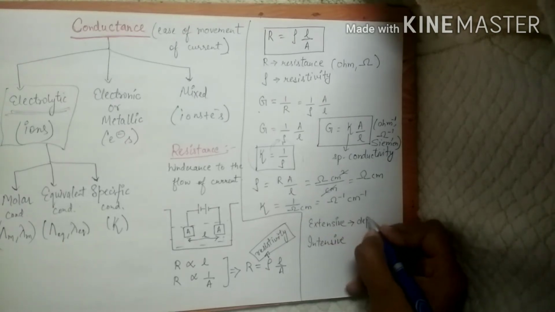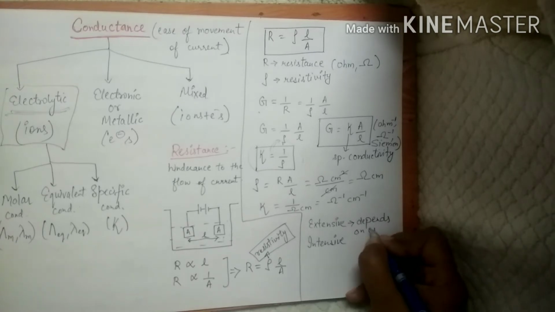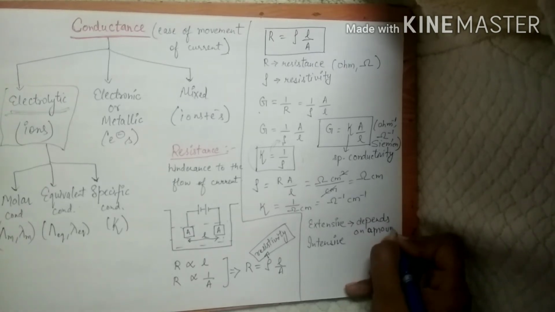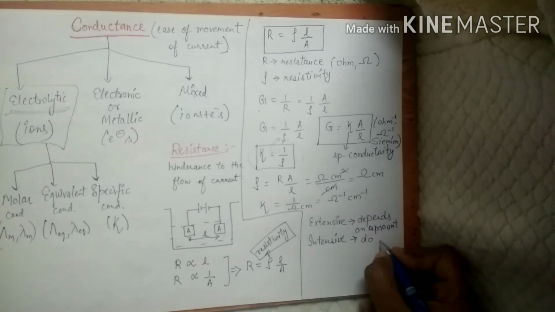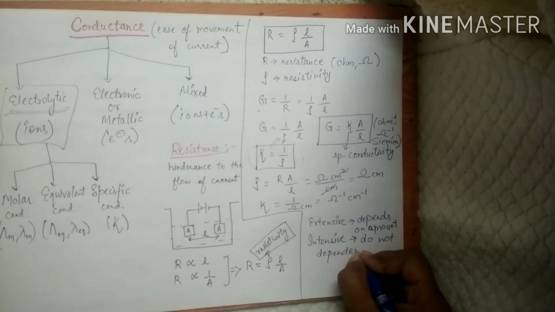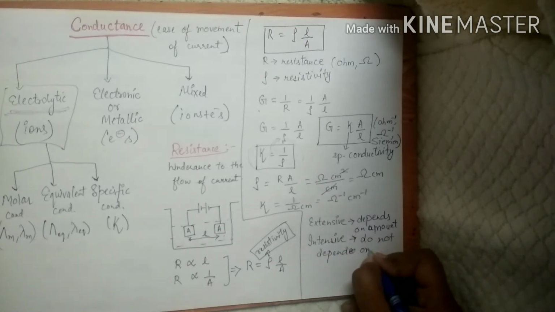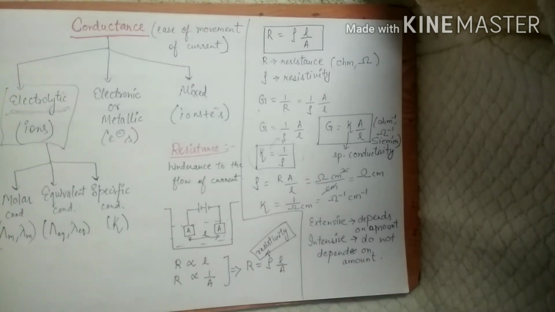Extensive properties depend on the amount, and intensive properties do not depend on amount. So now one by one we are going to find out whether our resistance, conductance, resistivity and conductivity are extensive or intensive properties.